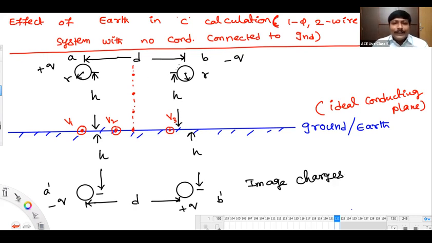Now tell me, whether this A and B above the ground are physically existing or not. Yes, these are physically existing, so you can call these charges physical charges.